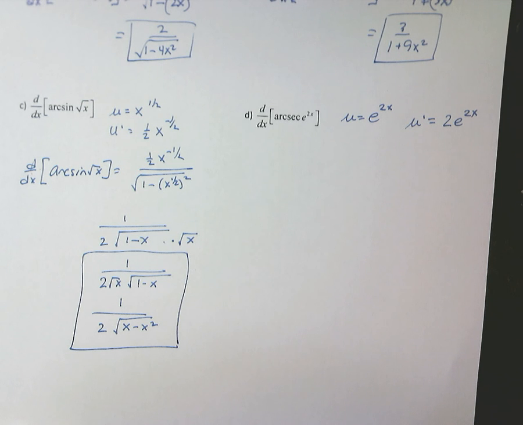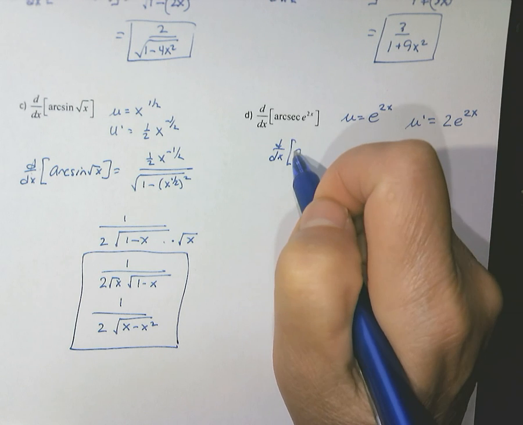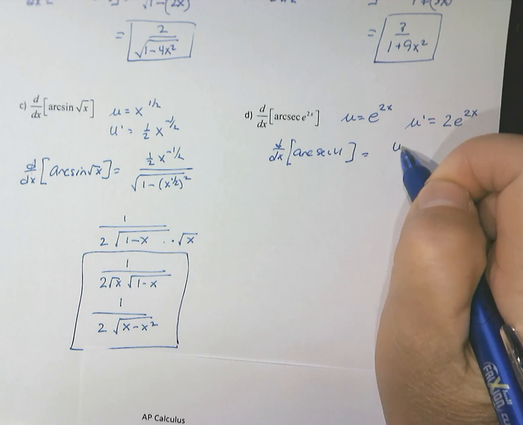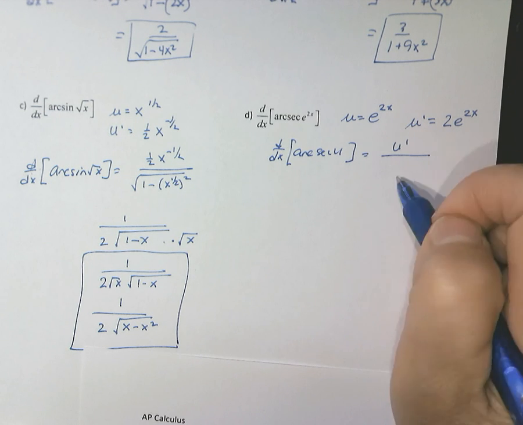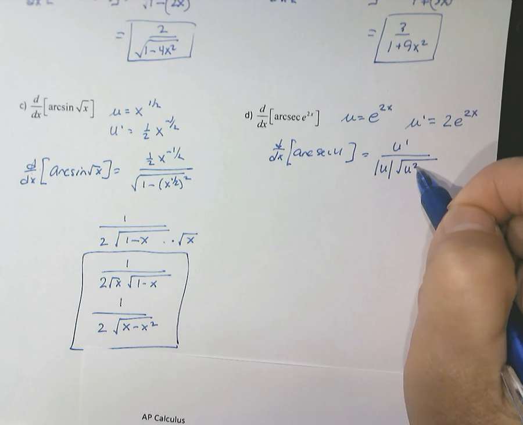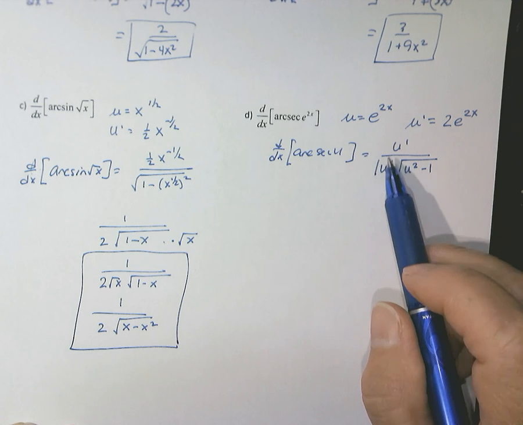The formula for arcsecant of u equals u prime over the absolute value of u times the square root of u squared minus 1. So I'm now going to plug everything in that I know.